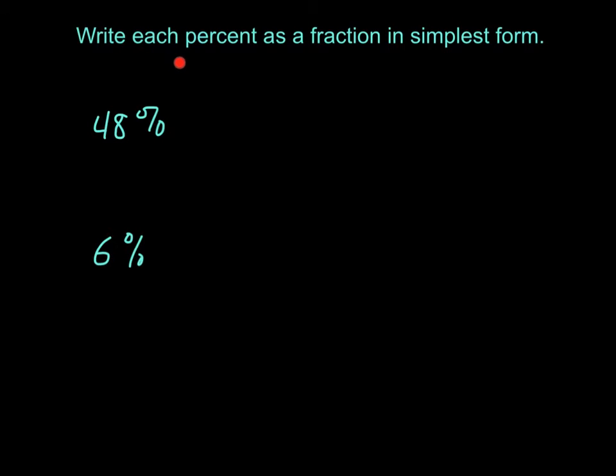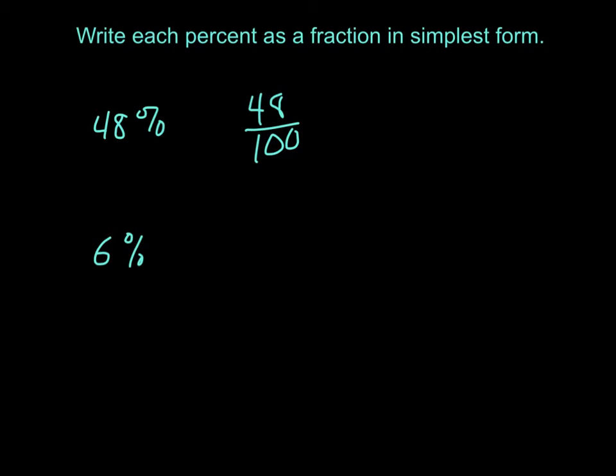Now I'm asked to write each percent as a fraction and to put it in simplest form. So to start with, in this first one here, it's 48%. I know that means that it's 48, and the percent means out of 100. Now I have to do simplest form. So remember, when I'm looking for simplest form, I want to know what can I divide into each of those. So I see these are both even.